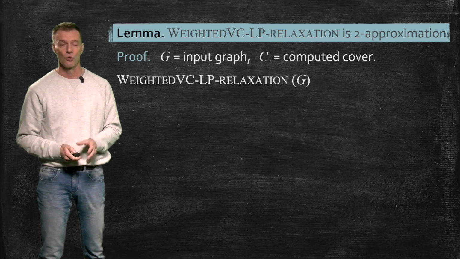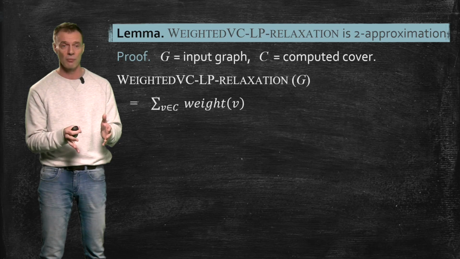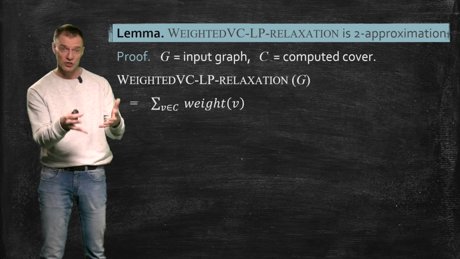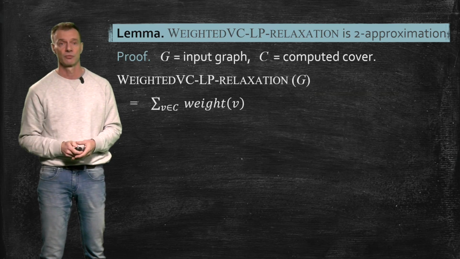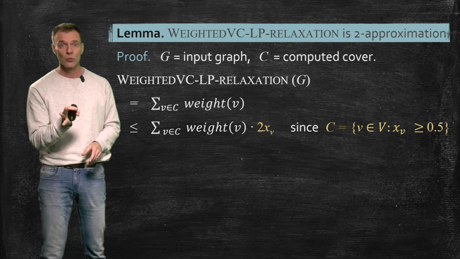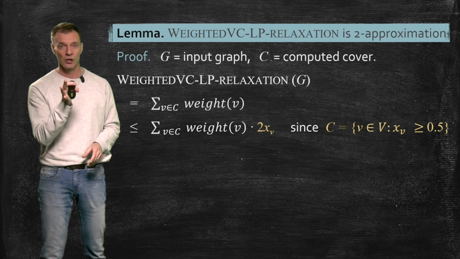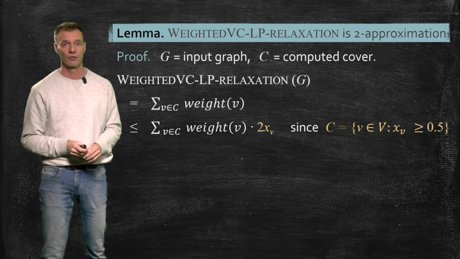Okay, so what's the value of the solution that we compute? Well, C is the cover that we compute. So by definition, this is simply equal to the sum over all vertices that we decide to put into the cover of the weight of that vertex. Now remember, when do we put something into the cover? Well, if its value is above the threshold, which we pick to be 1/2.